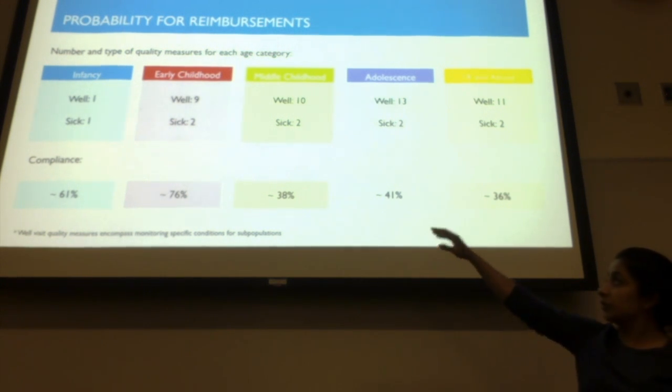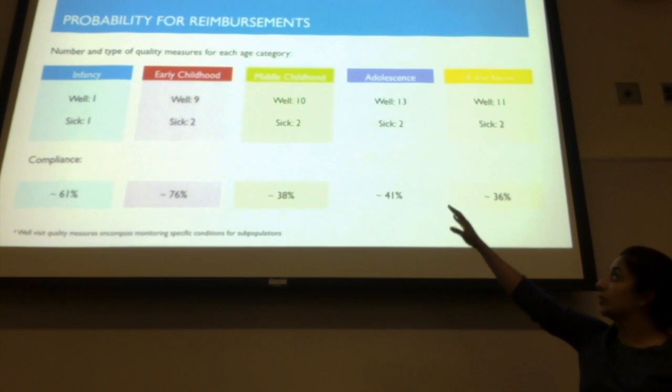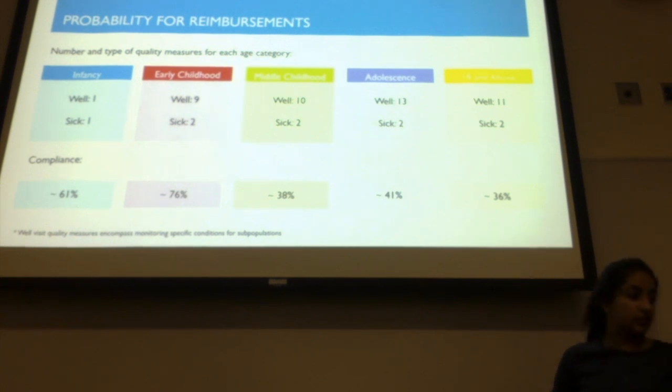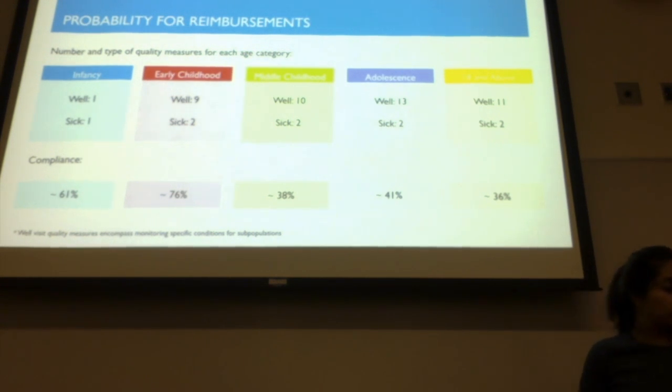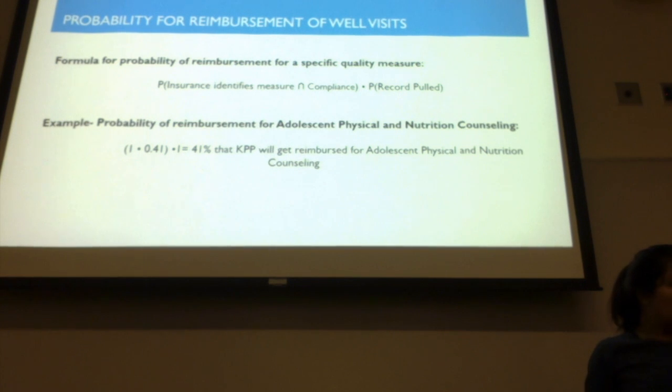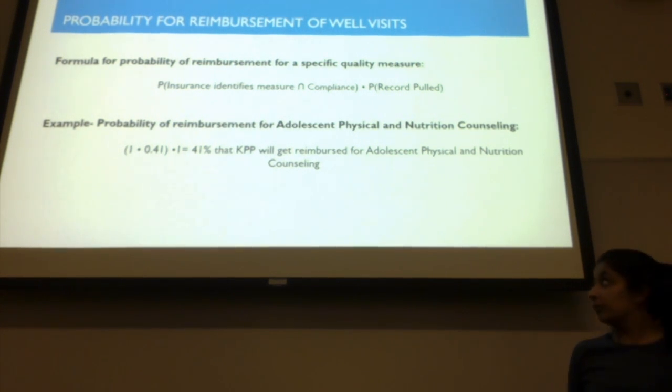As you can see on the top side of this, the number of quality measures per age category goes up, so it significantly impacts whether or not KPP will be receiving their reimbursement. This further delves into the probability for reimbursement, because the compliance is the main factor of whether or not they will be getting reimbursed.